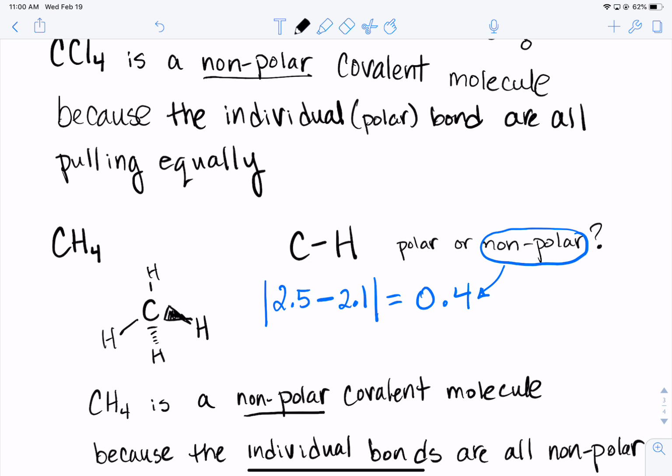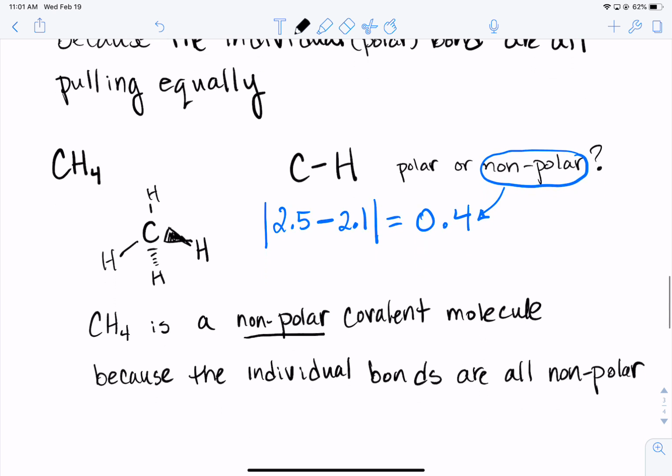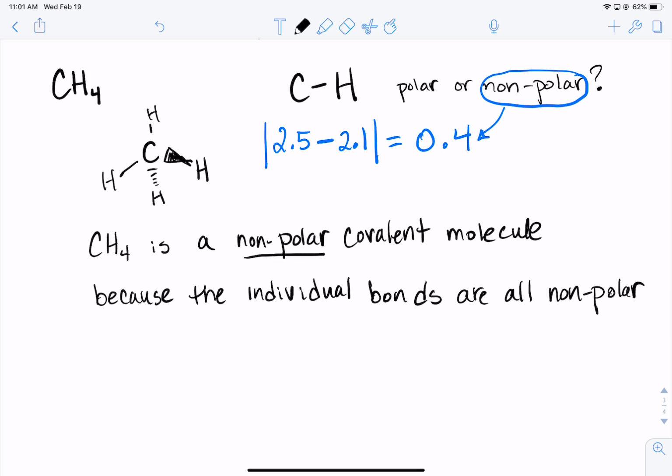Now I'd like to show you one other molecule. And this is CH2Cl2. CH2Cl2.